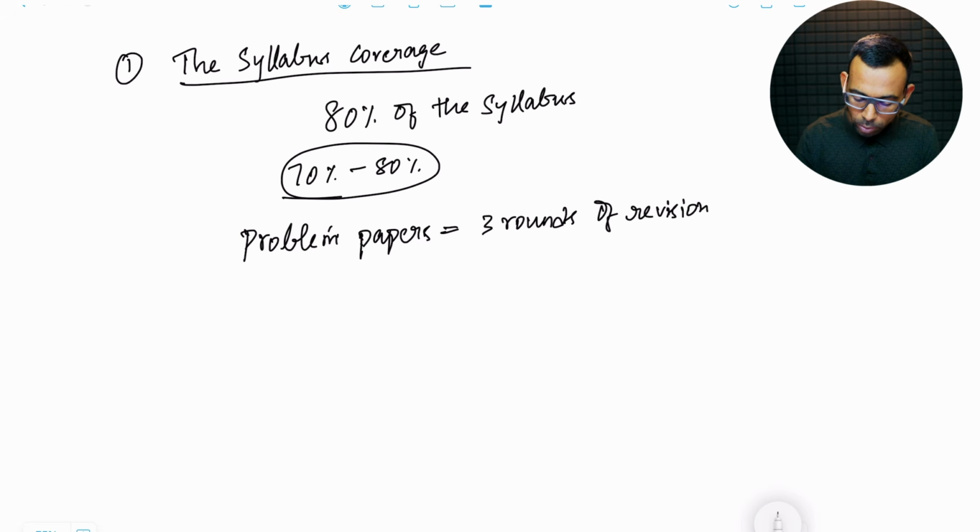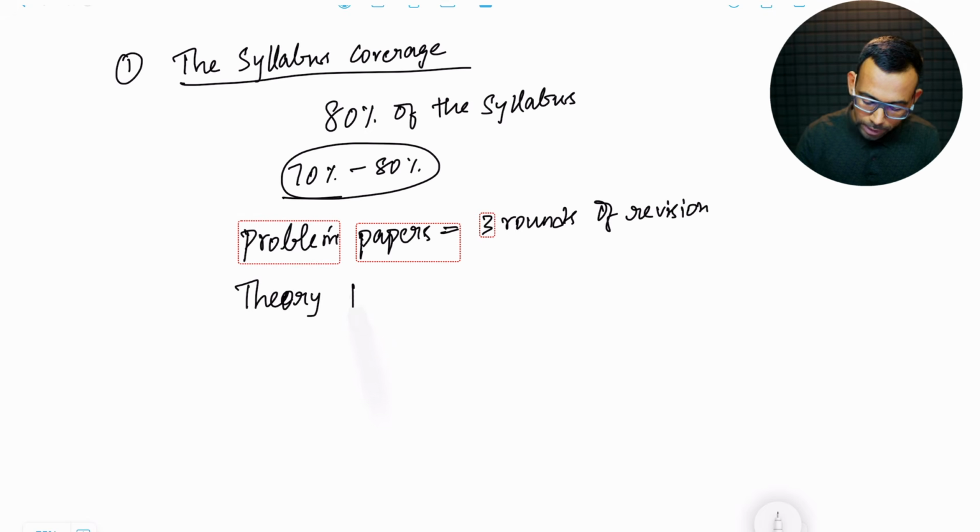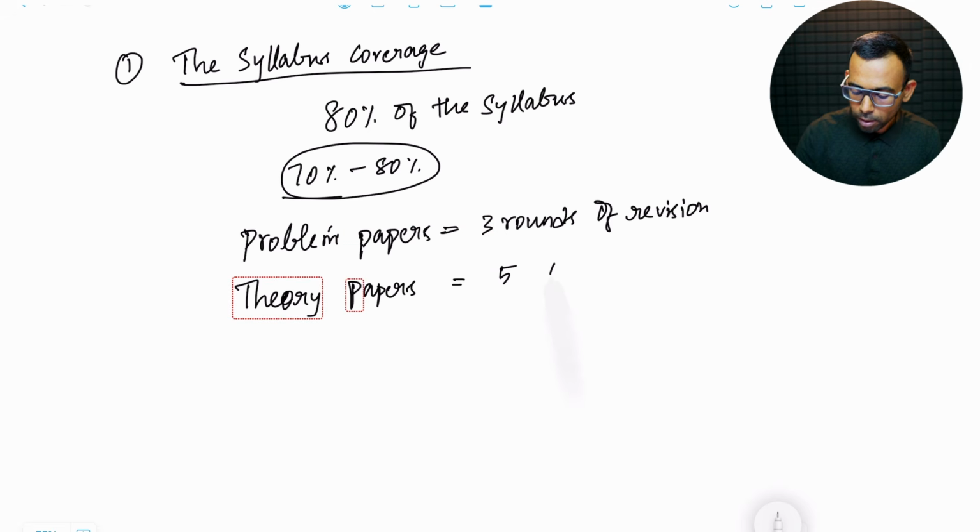And with respect to theory papers, you would have already heard me talking about 5 rounds of revision. You're supposed to complete 5 rounds of revision. This is the second preliminary requirement. First is pick the 80% of the paper, and second is for problem papers, that 80% you have to do 3 rounds of revision, and for theory papers you have to do 5 rounds of revision.